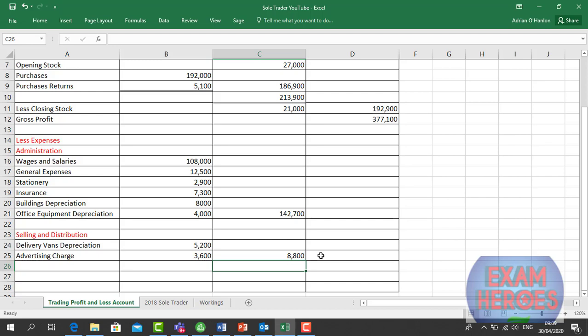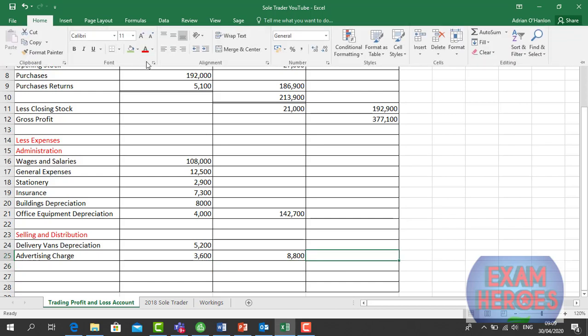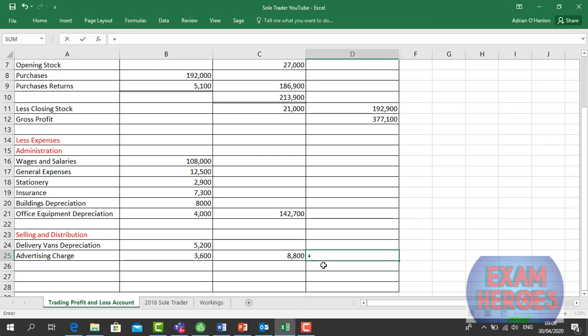The first thing I'll do is I want to add my total expenses, okay? So I'll do that by just adding the selling and distribution and add it to the total administration. Okay, now I just want to highlight here, let's make this bold actually just to make it easier to see.